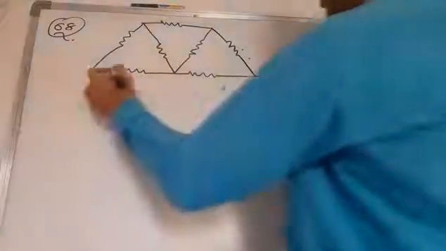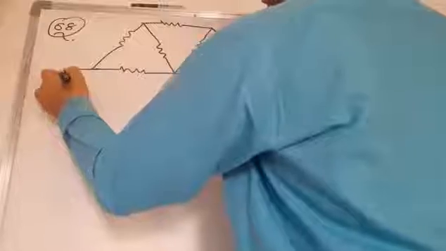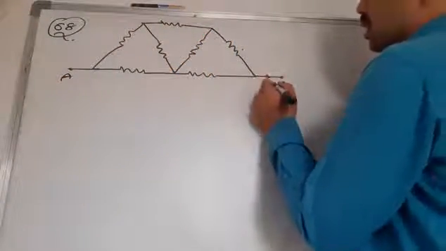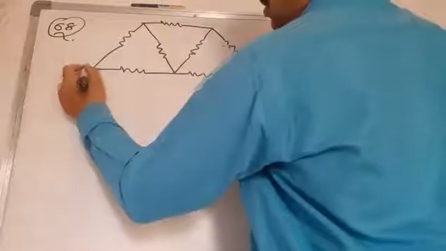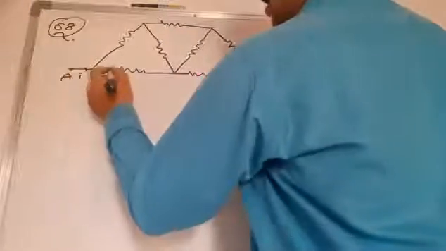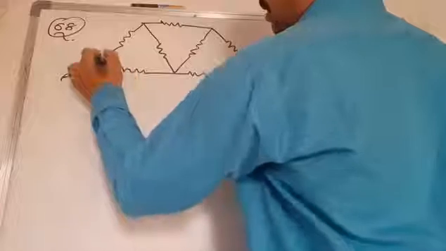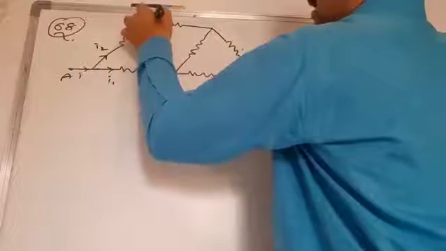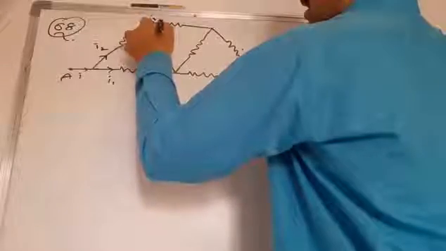This is point B and this is point A. Now the current is flowing, right? So the current is flowing from A to B, suppose. Current is I. Now it gets divided, here I1 it will be and here I2 it will be. And again here it gets divided, that is I3 it will be and here I4 it will be.